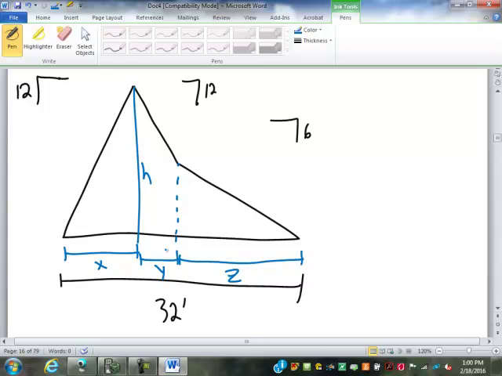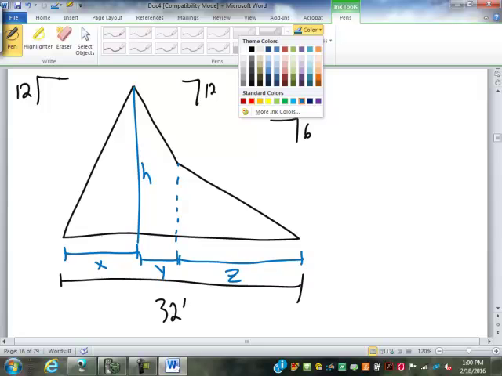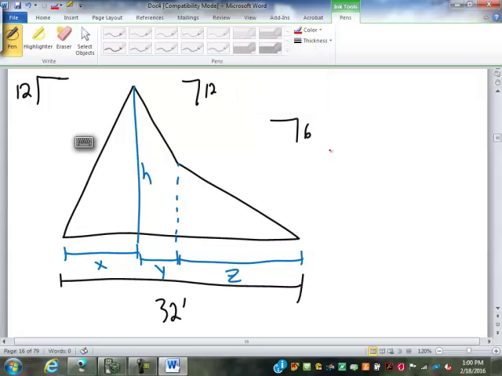Is it possible? Questions. X can equal Y. No, never mind, not going to equal Y. You're right. We know that X plus Y plus Z equals 32, right?